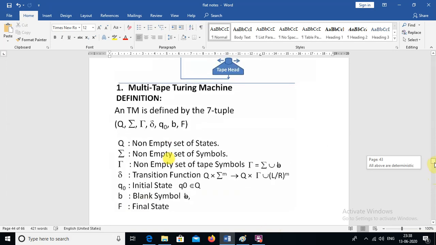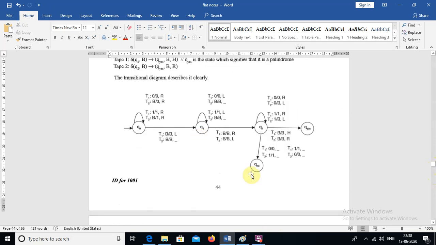And here also the same transition functions can be represented with a transition diagram. Now we are in the Q0 state in T1, T2 tapes. If you find a 0, 0 can be replaced with a 0 and move it to right. 1 can be replaced with a 1, move it to right. So if you find a blank, the blank can be replaced in tape 2.